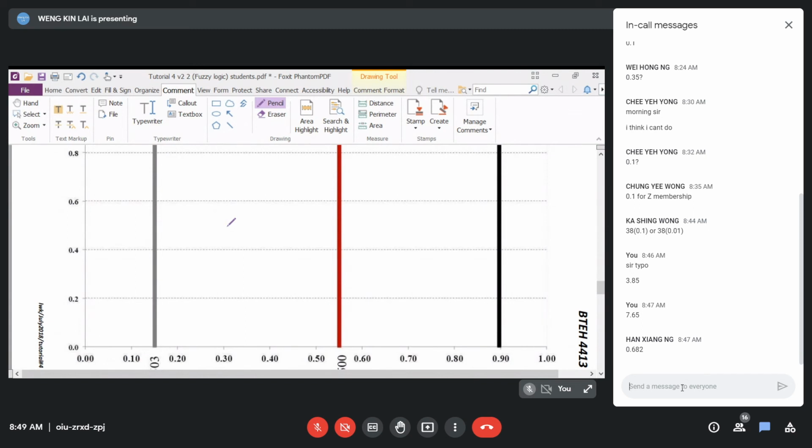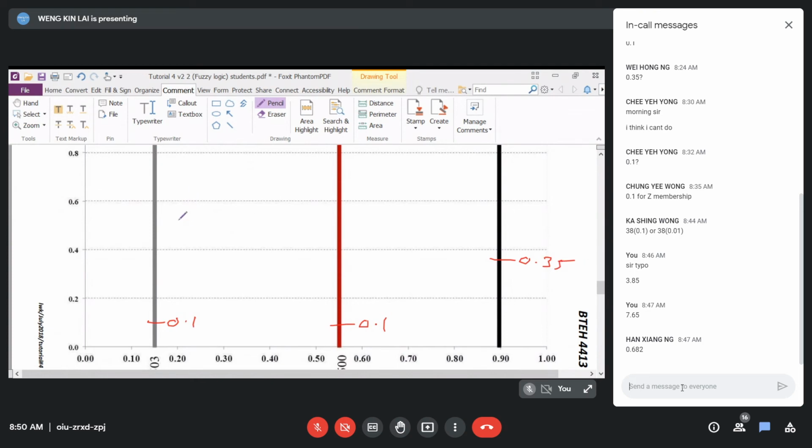Oh, my line is dead again. Okay, so this is 0.1. This is also 0.1. The last one is 0.35, somewhere here. Okay, so what do you have? You still want to calculate the answer.